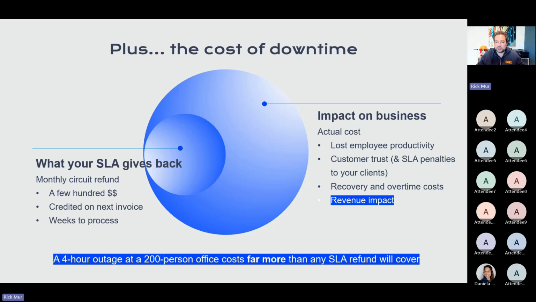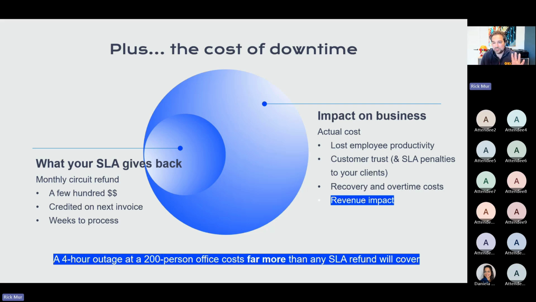So don't see it as, I have this 99.999% uptime circuit, I'm safe. Unfortunately, things will break and fail, and it's more about how you deal with that rather than, okay, now I'm going to sue my ISP and make sure that I get the money back, because unfortunately that's not how the world works, and that's also not how it should work.